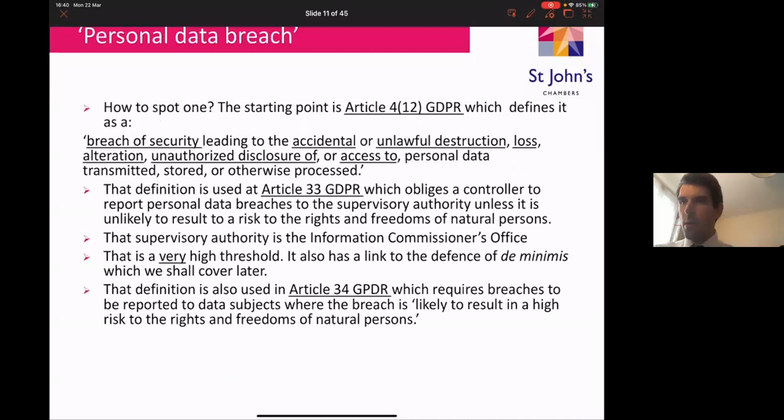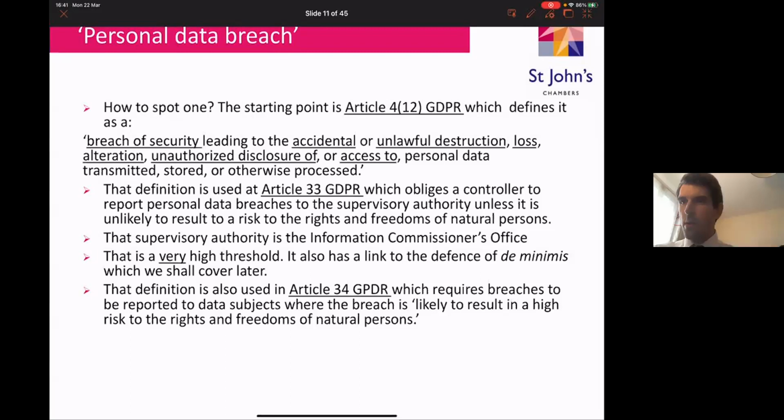Data breaches, so the all-important allegation, and how do you spot one? Well, I think it's important to go back to the basics here as they are defined in Article 4.12 of the GDPR, because they can be things that are misunderstood sometimes by claimants who allege them, and it may be that a controller will think that there has been a personal data breach when perhaps there hasn't.